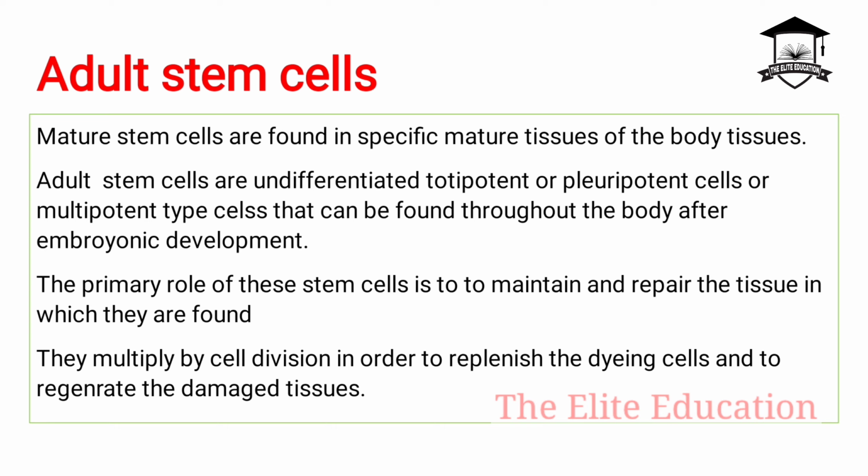So in a human body, or in any organism, in any animal, some cells especially have a certain life period, after which they become either worn out or degenerated. So these adult stem cells, due to their presence in the body, after the degeneration, or if any damage occurs to those cells, and if the tissue part is removed from that certain part, these adult stem cells come into the action.